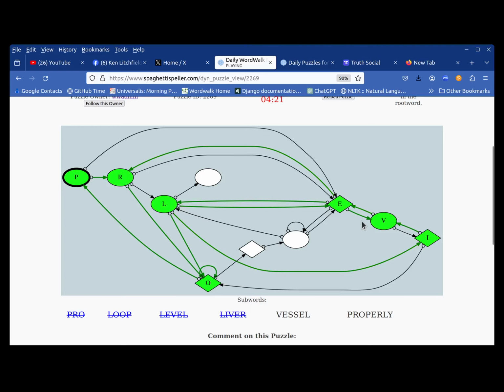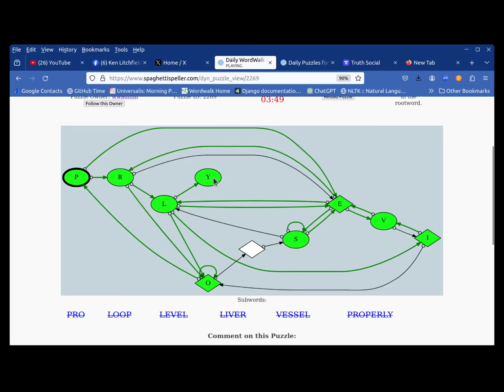So now it's time to get vessel. Very easy because we know where the S is. Double S, E, back to L. And now properly: P, R, O, back to P, to E, to R, and then L, and this is the only remaining consonant, so that's the Y.